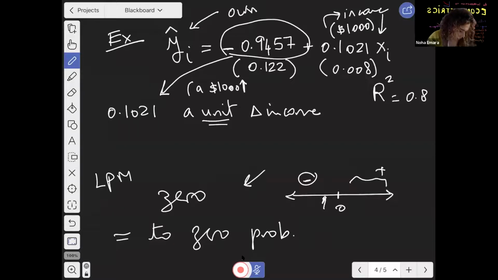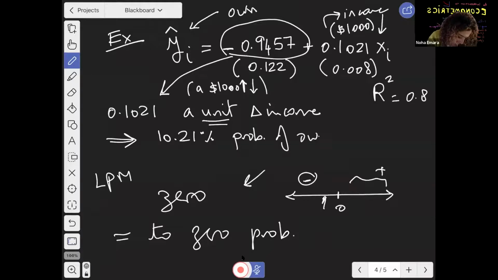It's a change, okay? So a 1 unit change in income implies, you can multiply this times 100, 10.21% probability of owning a house. You take this number and multiply it times 100, because it's a fraction between 0 and 1. To read it nicely, it's better to multiply by 100.